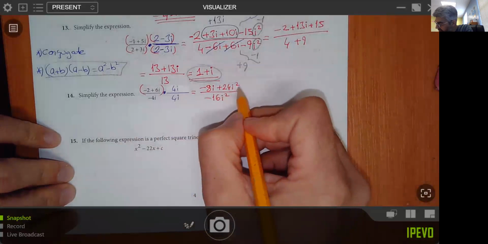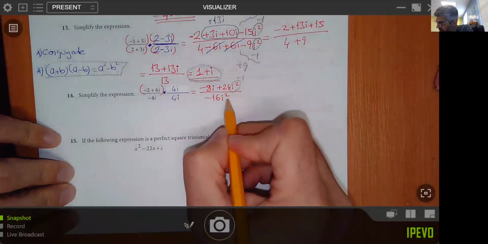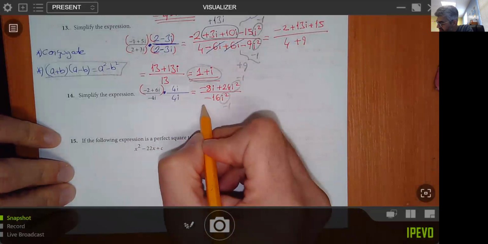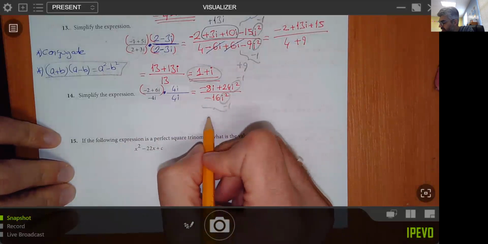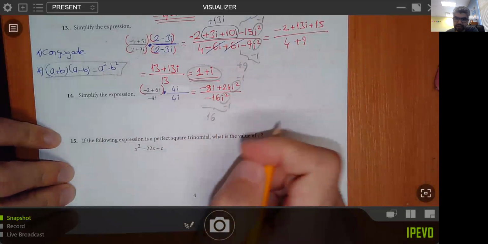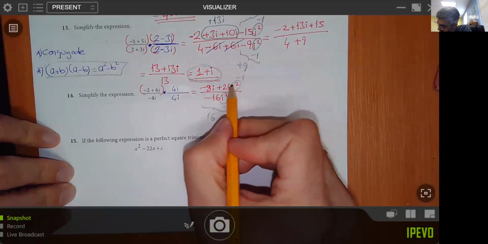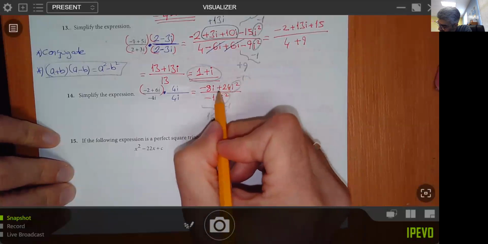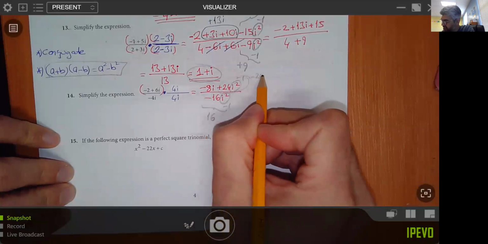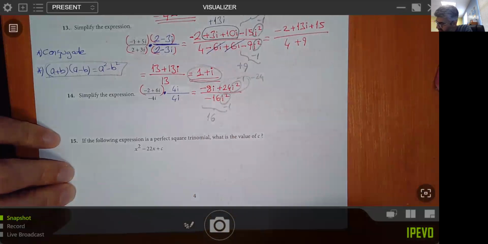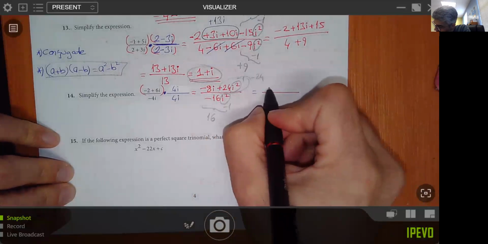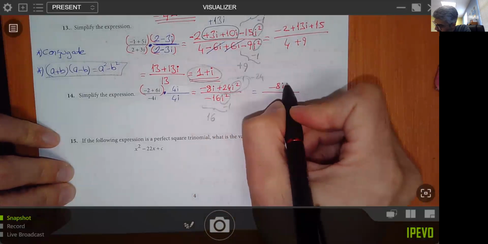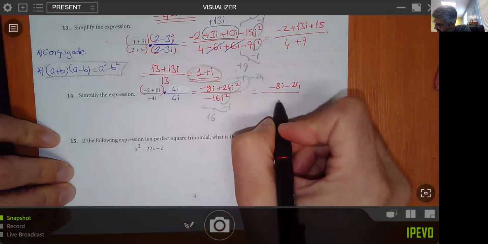What do I know? i squared is -1. What do I have in the denominator in this case? -16 times -1, it is 16. And here, what do I have? -24. So I have what, guys? -8i minus 24 over 16.